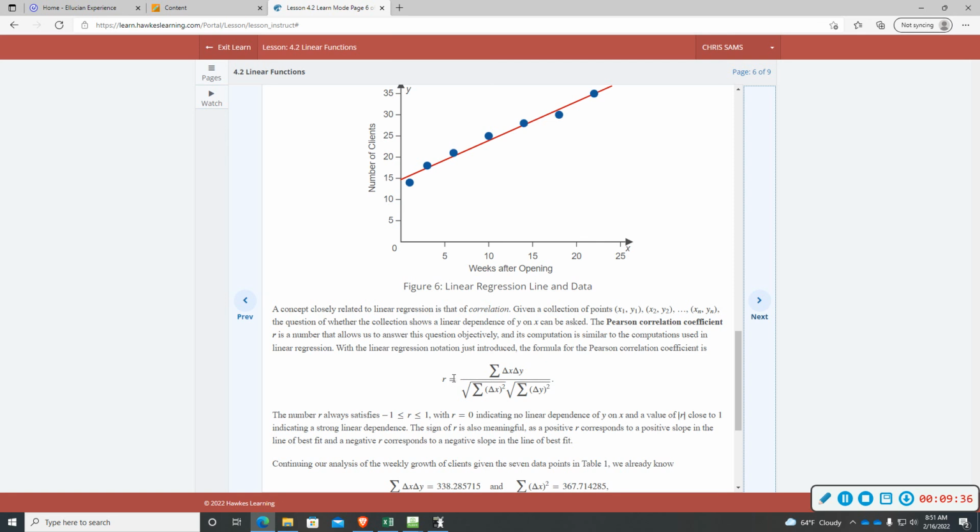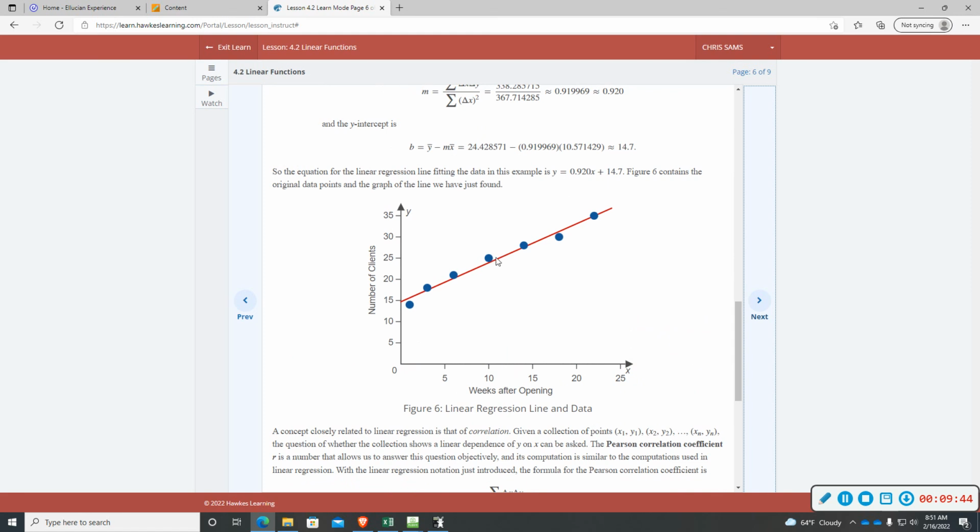So this correlation coefficient just tells you the strength, like how strong the line is that you've plotted as far as being a good fit. It also gives you the direction. So if this number is positive, it tells you that your line will be going in the upward direction. And if it's close to 1, it tells you it's really strong. So it'd be like a 0.9, 0.8. That means it's a really strong correlation. It means your model is good.